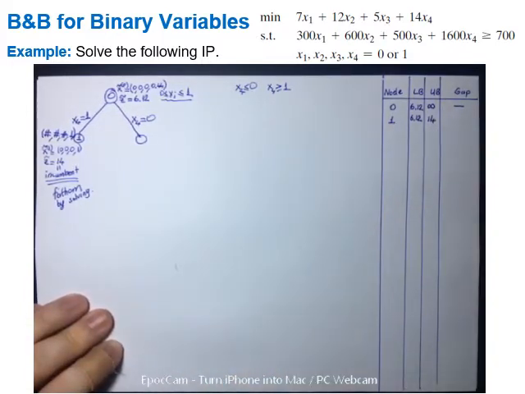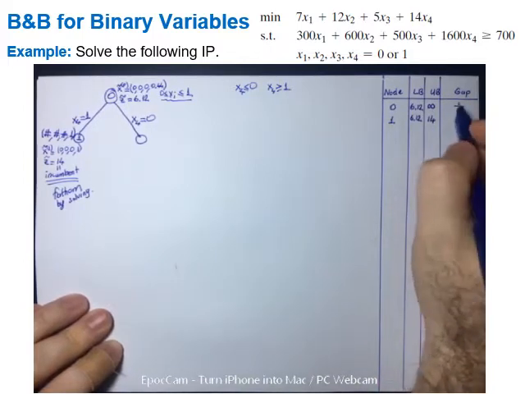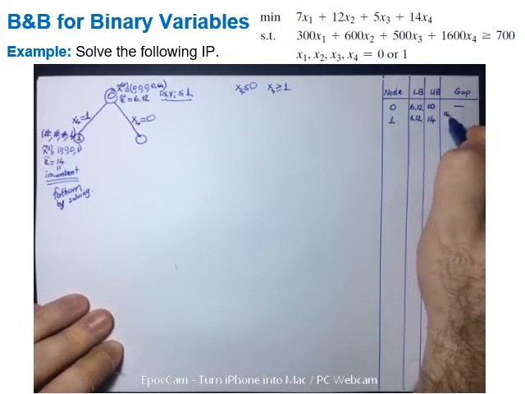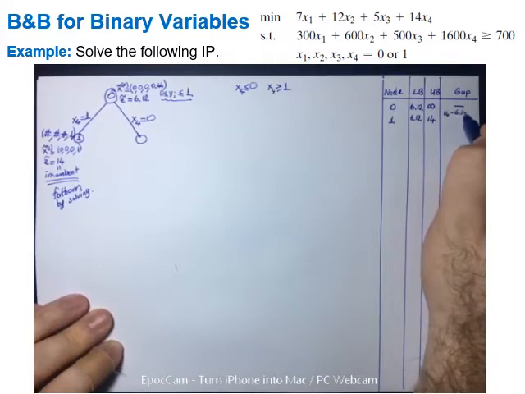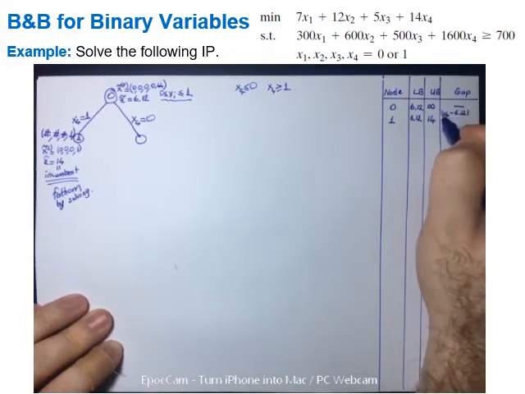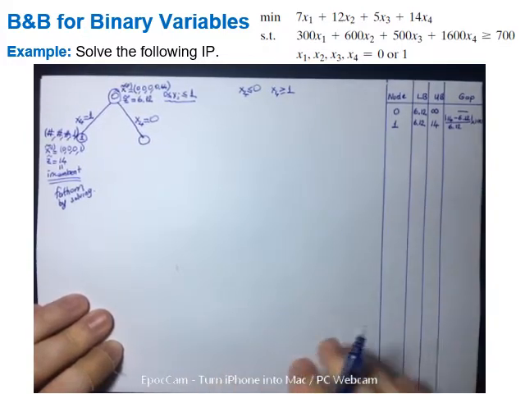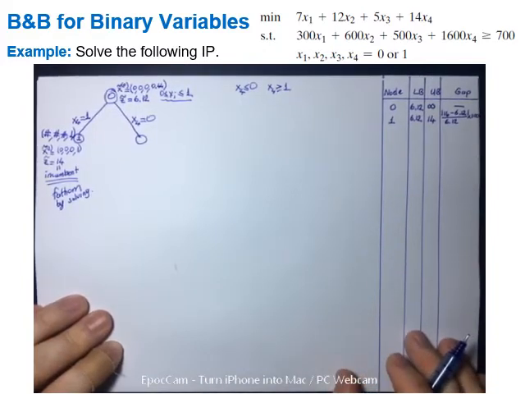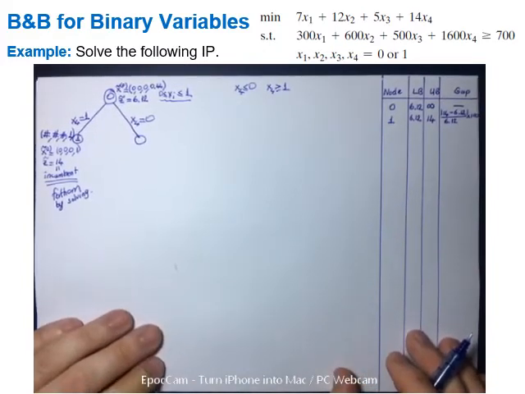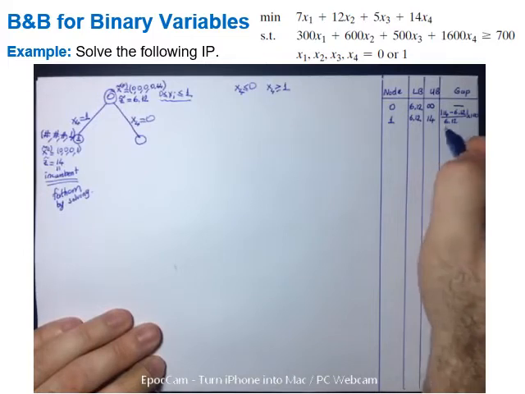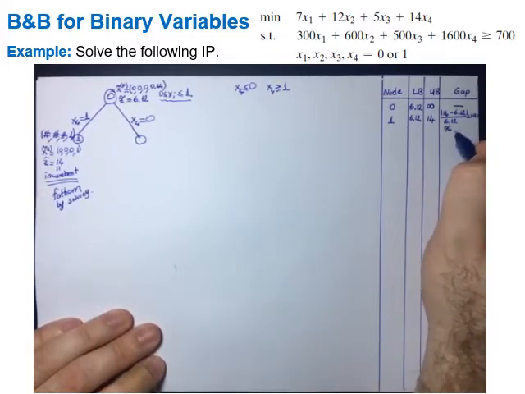Okay, now we are going to calculate the gap value, which is 14 minus 6.12 in absolute value divided by 6.12 multiplied by 100. If you calculate this using your calculators, you will obtain the percent gap value to be 128.8.